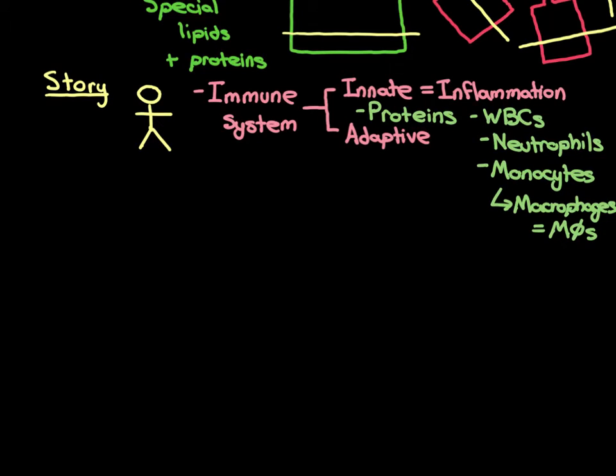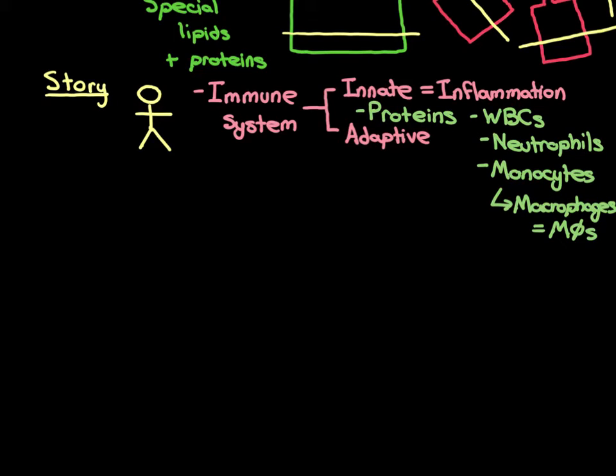Now, all of these mechanisms, proteins and these types of white blood cells, these parts of the innate immune system, the reason they are referred to as the innate immune system is that they are the same response no matter what the pathogen is. They are not specific to the pathogen at all. They're a very crude immune mechanism.